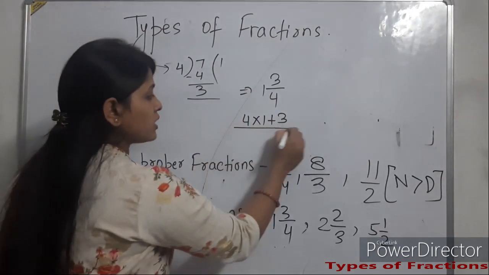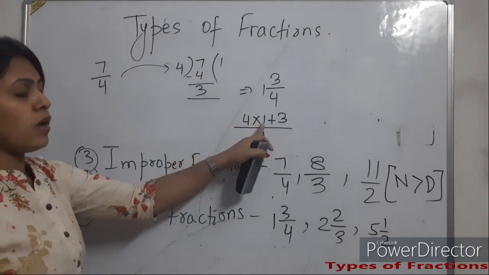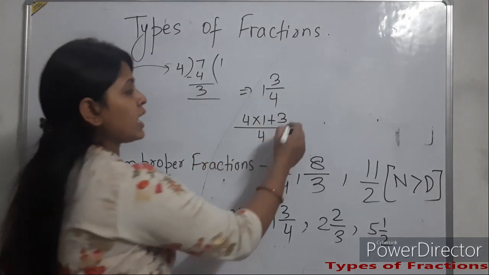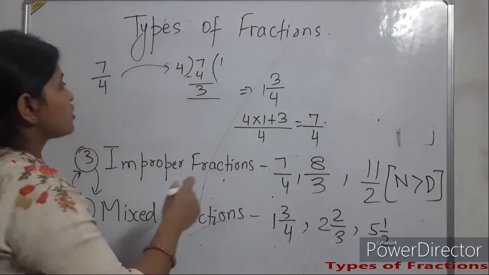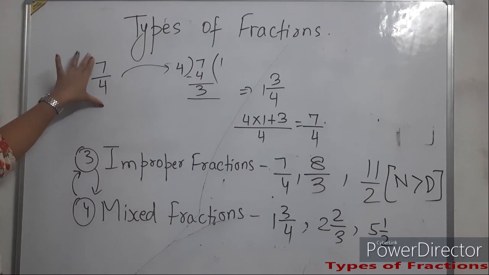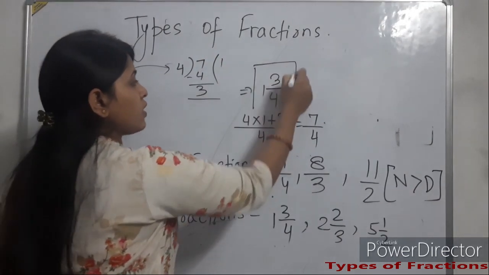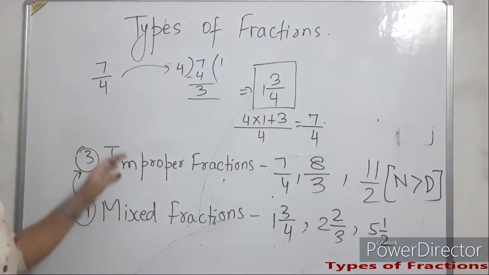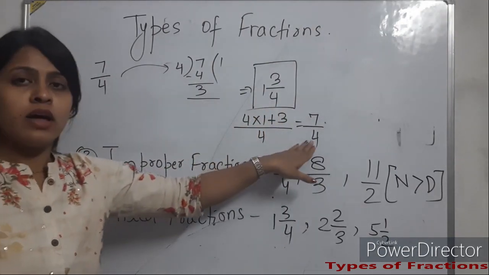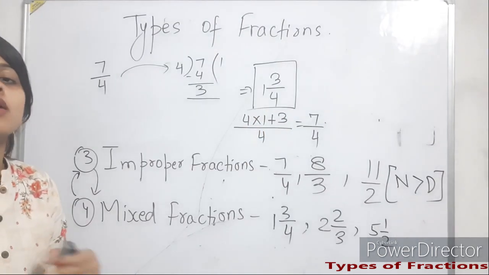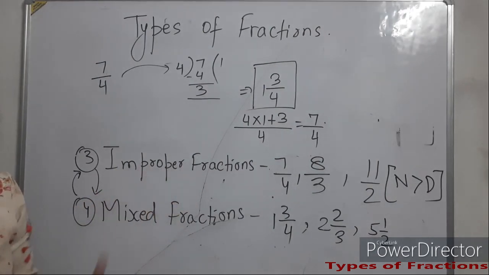On the denominator portion we write the divisor again. 4 into 1 is 4, 4 plus 3 is 7, and the denominator is again 4. So children, you can see that the improper fraction has been converted into the mixed fraction 1 whole 3 by 4, and the mixed fraction is converted back into the improper fraction. This is the whole way of doing the conversion of improper into mixed and vice versa.